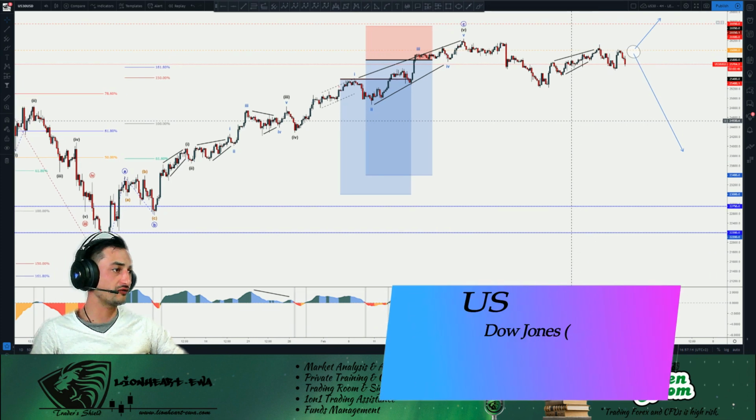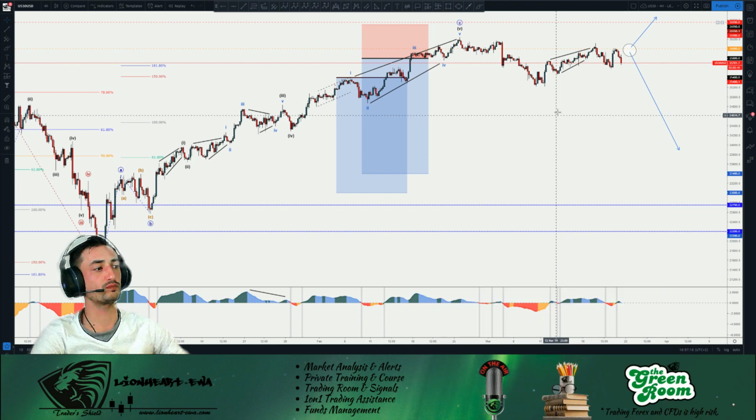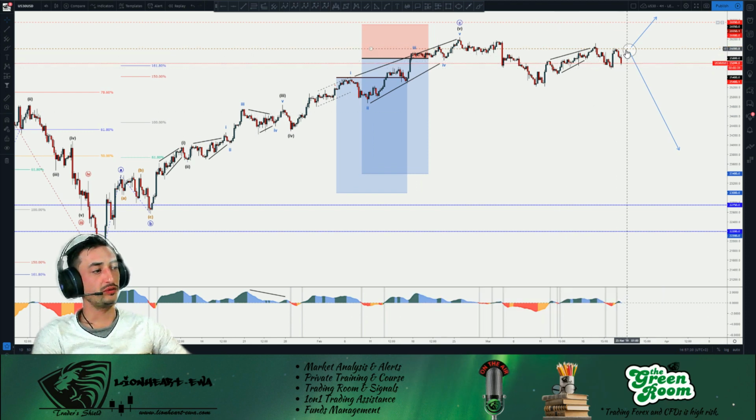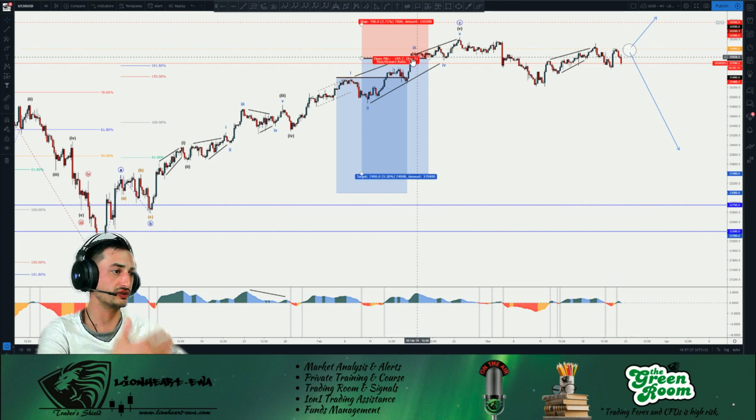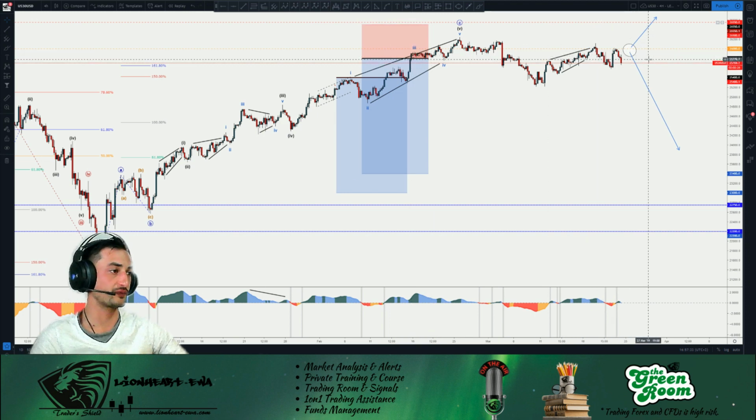Now, I've been mentioning for the US indices this morning the importance of this level, as you can see from this ellipse right here, and the previously mentioned levels and entries were right here. Now, if you're in right now, you're in the green.